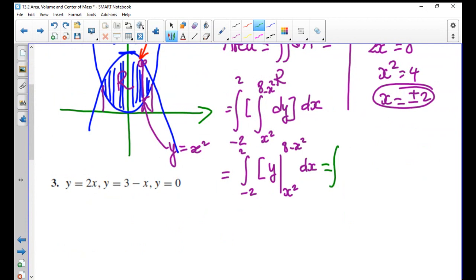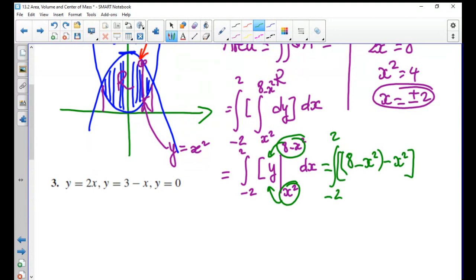So it will be integral from minus 2 to 2 of 8 minus x squared minus another x squared. So you substitute like this, all of this dx.